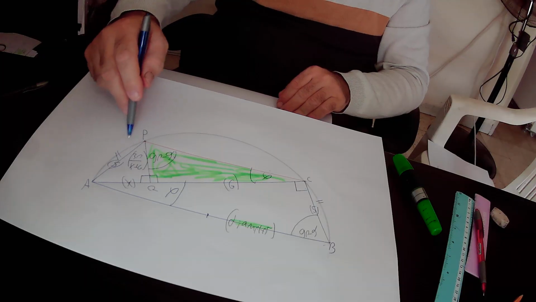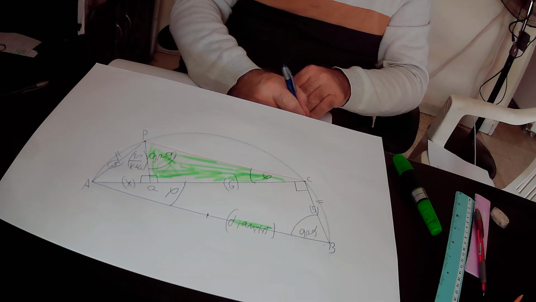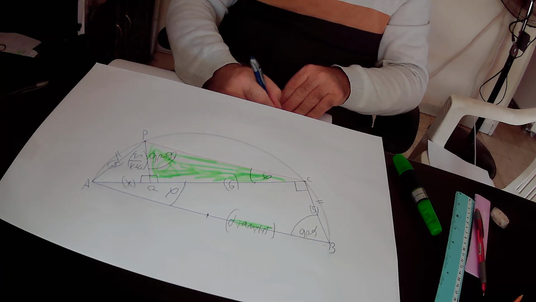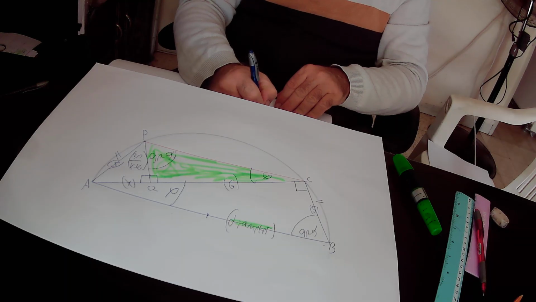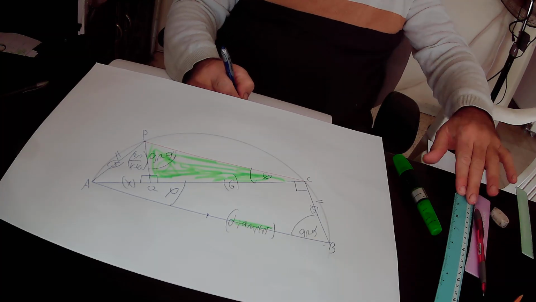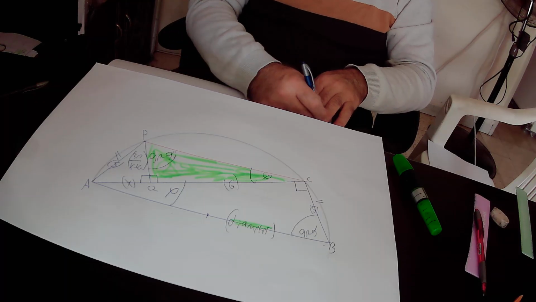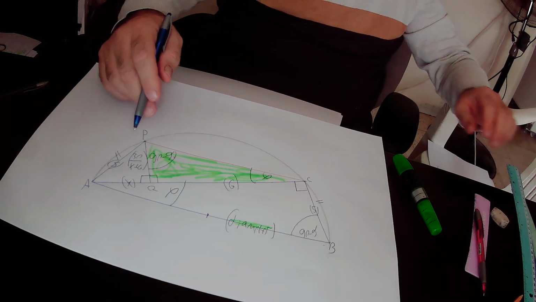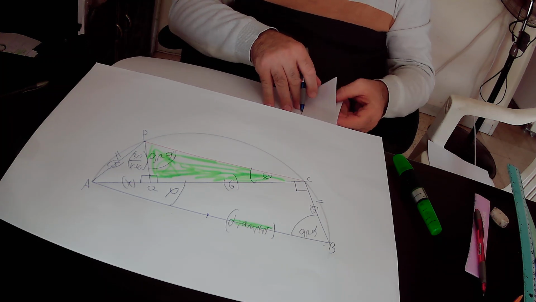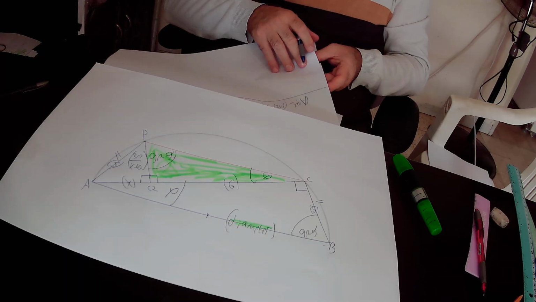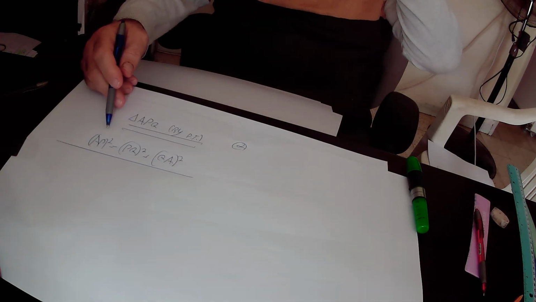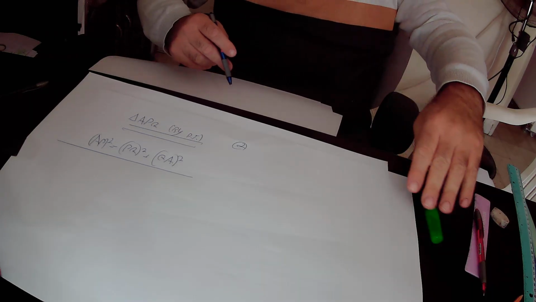So in this small right triangle APQ, AP squared, that is the square of the hypotenuse, equals PQ squared plus QA squared.